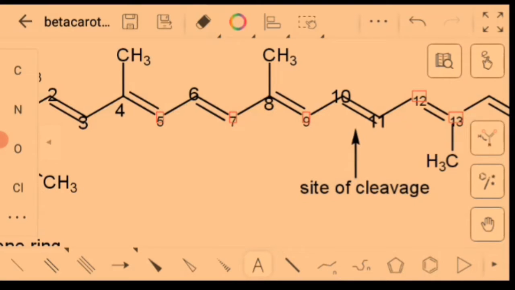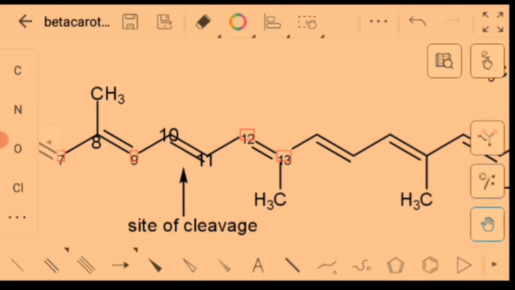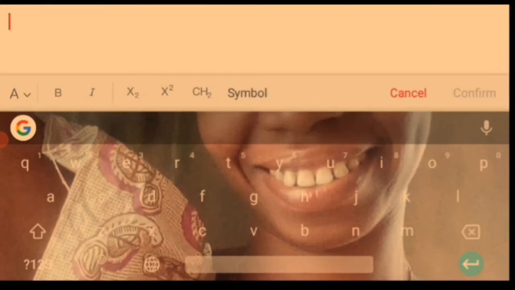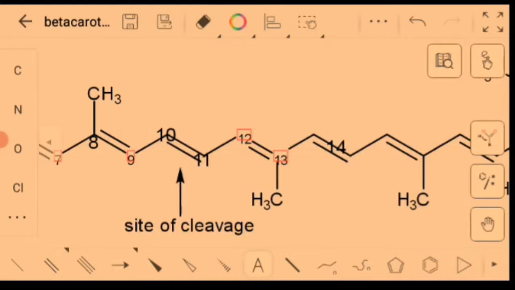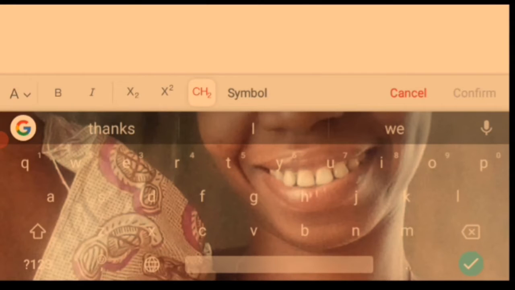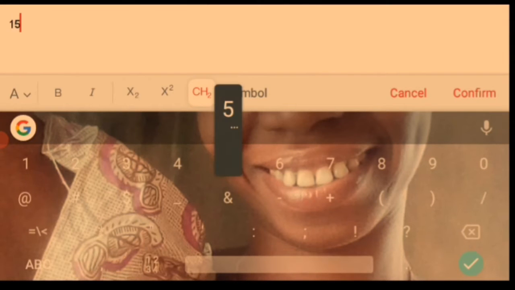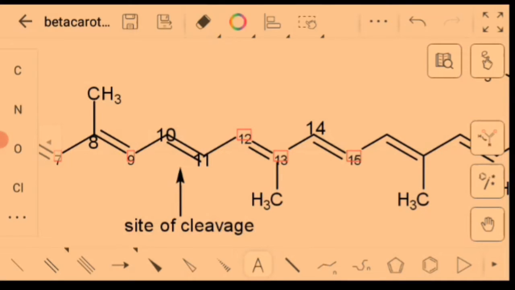So these are 13. I had earlier told you that I actually count it to just ease my stress. I actually count it to 20, so I will not have to stress myself.